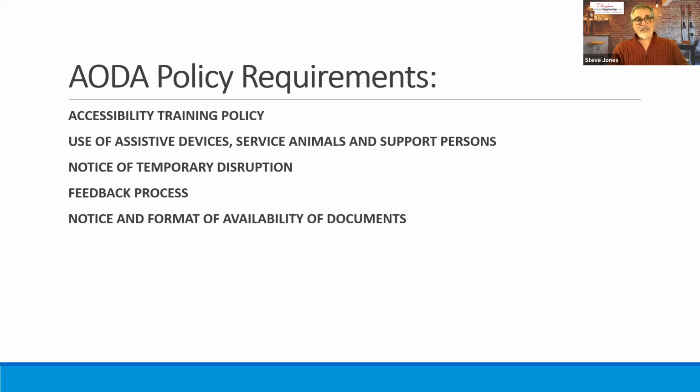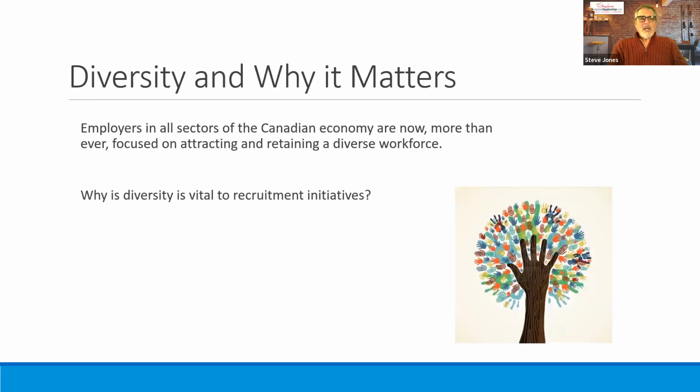I can tell you my companies do not have everything available in Braille and audio format. Although I think most people can probably have a device on their computer and take any document that comes from my company and have it read to them out loud, because they're done in text-based PDF or in Word format. So there you go.